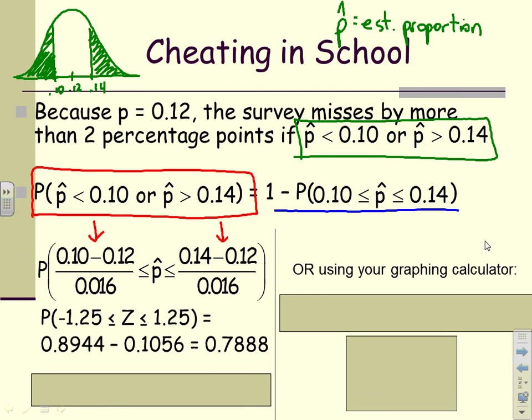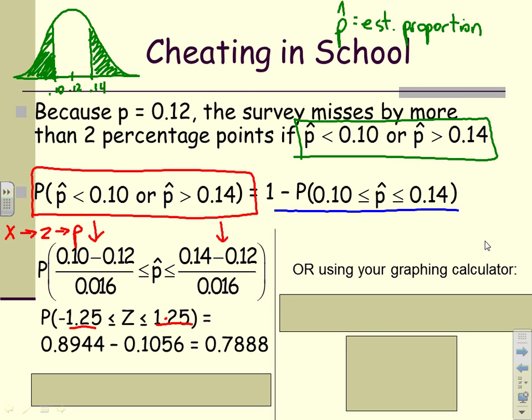The z's that correspond to that are negative 1.25 and positive 1.25 there. All right, so if you're thinking about this as far as a chapter 2 kind of topic, we're working forwards with this problem here. We're going from x to z to p, okay, working forwards, x to z to p.